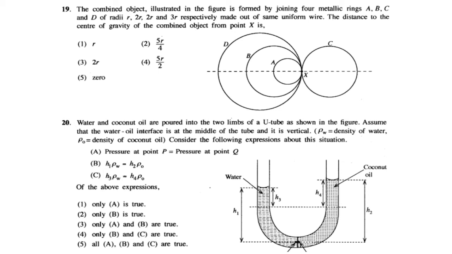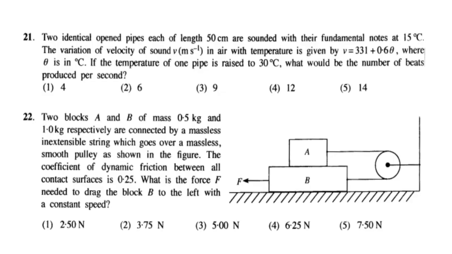Then C, H3 rho W is equal to H4 rho O. The liquid levels in expression C are not for the same liquid. Only the liquid pressure at the same level of the same liquid is equal. But here the level is the same, but the liquids are not the same. So C is not correct. Only A and B are correct. So answer is 3.